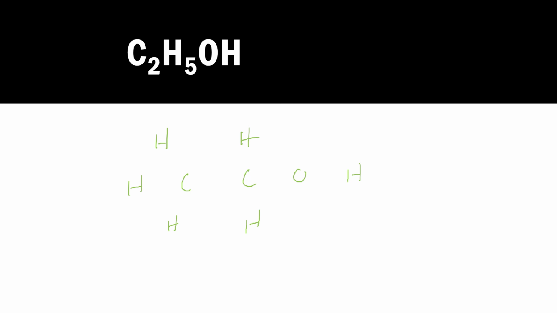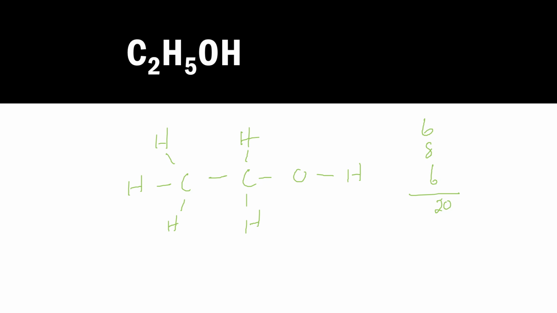So we have to get a skeleton. Then valence electrons. Hydrogen, there are 6 hydrogens, 6. Carbon, 2 of them, 8. Oxygen, 6. So 20. So now single bonds, and then octets.